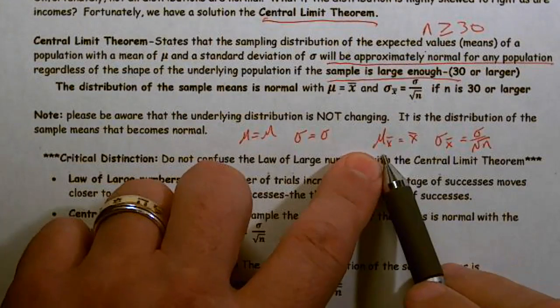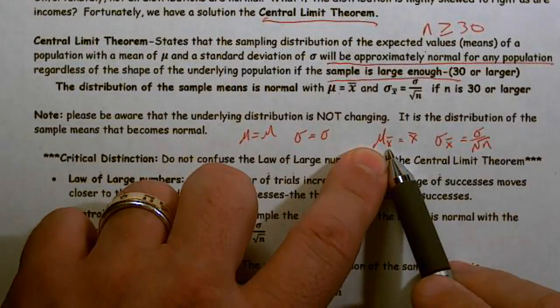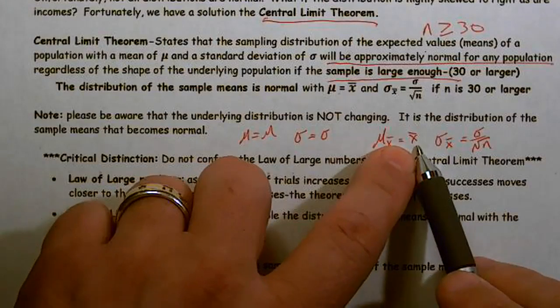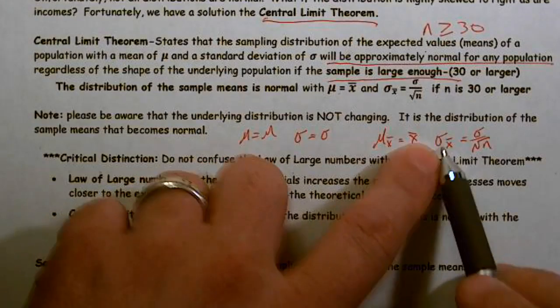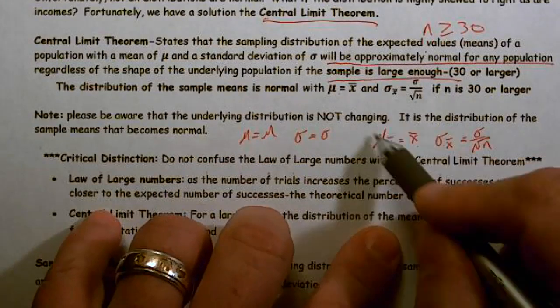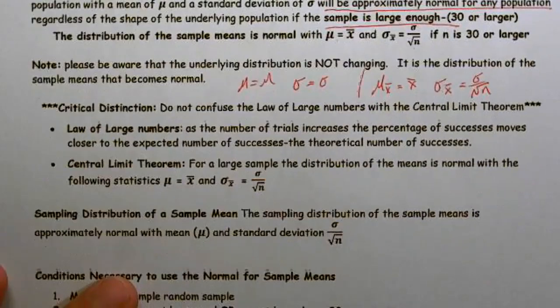But the distribution of the sample means always follows this: the mean of the x bar equals the sample mean, and the standard deviation of the x bar is the standard deviation of the population divided by the square root of n. This is always true for every mean, but it's actually normal if the sample size is 30 or larger.